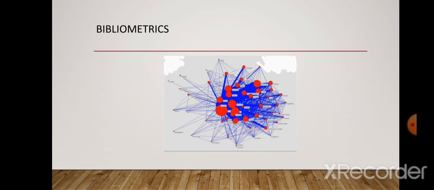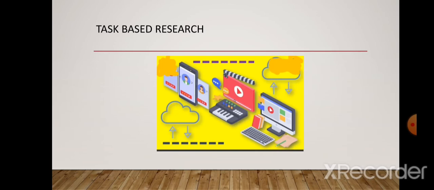Bibliometrics is a special type of documentary research for inquiry into the tools of library and information science. Task-based research is research that focuses on the circuiting of specific tasks. It is not a research methodology per se.